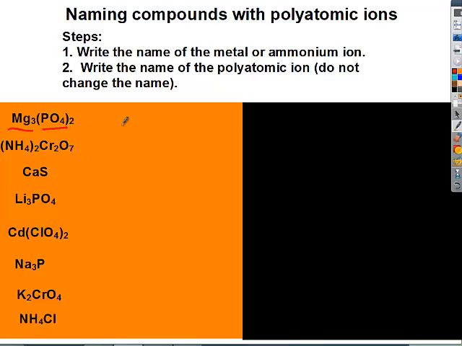So this will be called magnesium phosphate. And that's how you do it. You're just going to break them apart and then name them. Let's do 2 more examples, and then you can try to do the rest of them on your own.